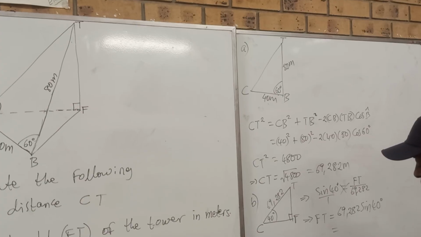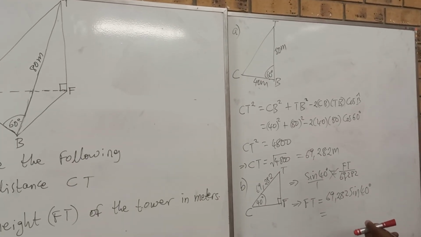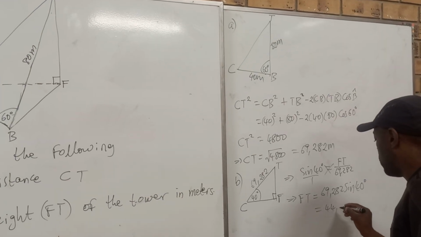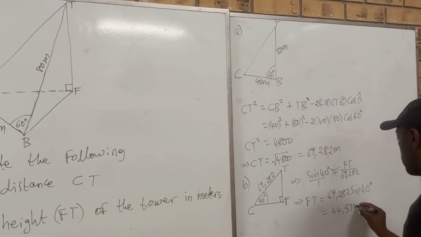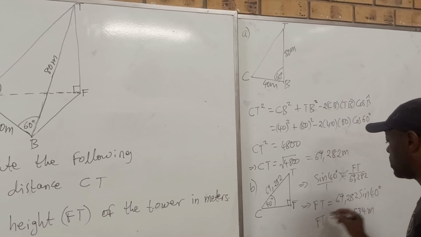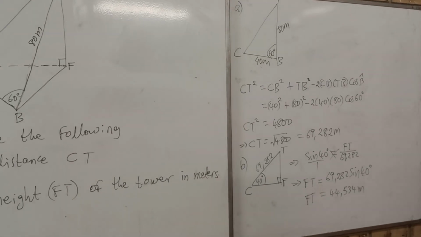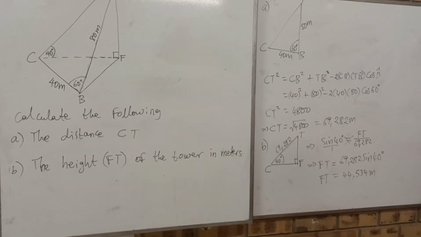Then I talk to my calculator. So I'll multiply my answer by sine 40. And that gives me 44,534 meters. And that is my FT. So guys, that's basically how the sine and cosine rules work out. Thank you very much.